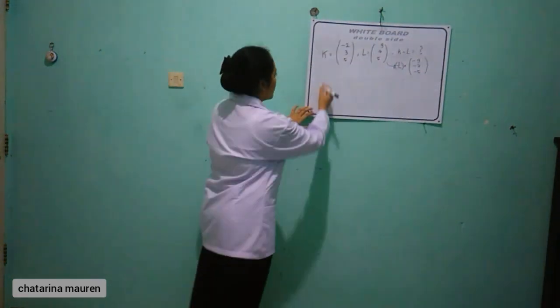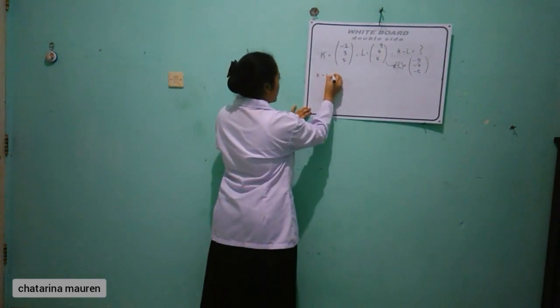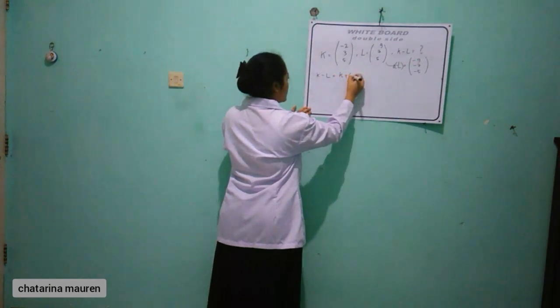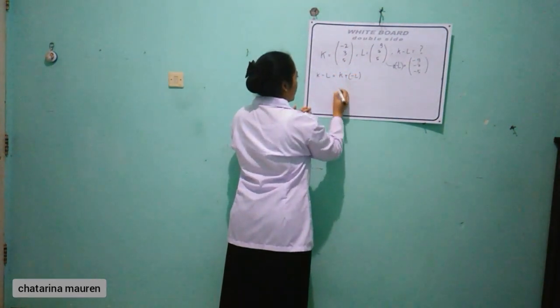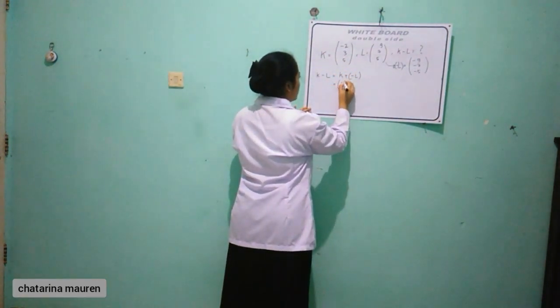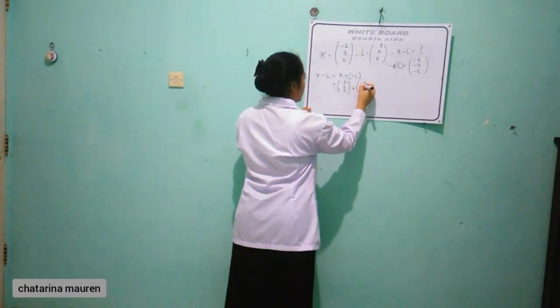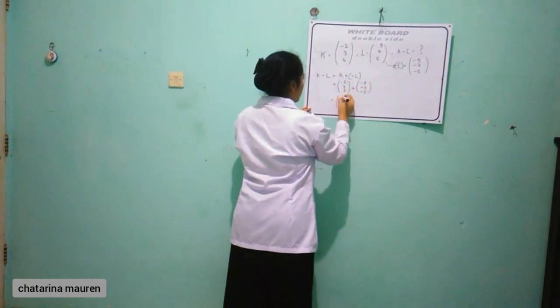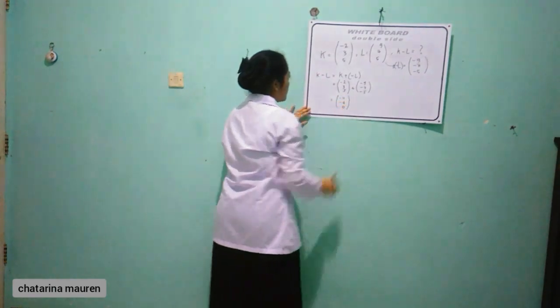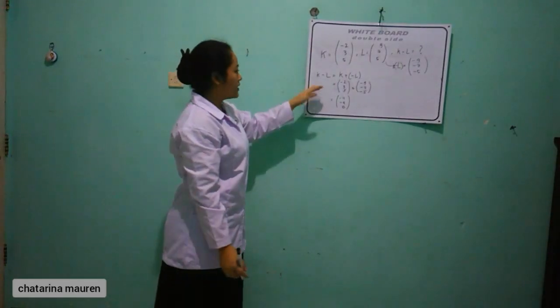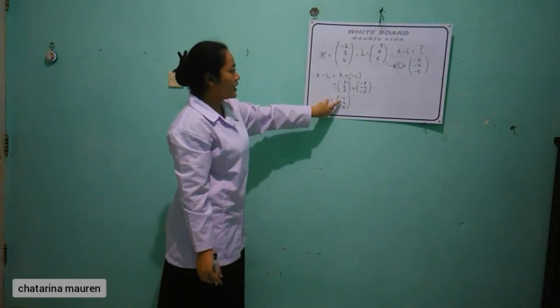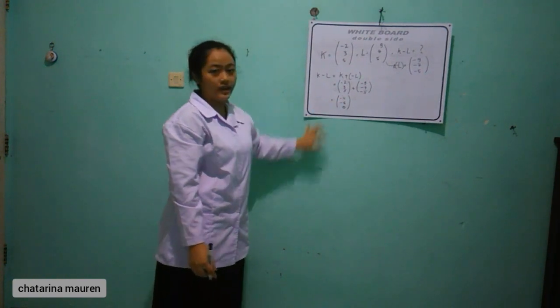So K minus L is K plus negative L. So K minus L is the matrix of negative 11, negative 4, and 0.